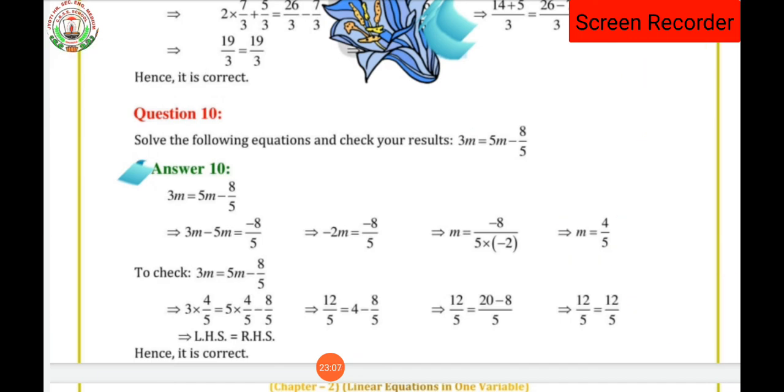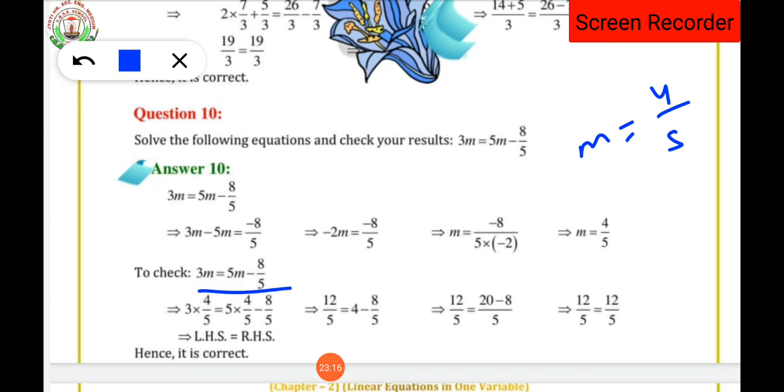Clear? Now after getting the required answer as m is equals to 4 upon 5, we have to substitute it in the equation. Here is the equation. So substituting the value in the equation, we will get 3 into 4 upon 5 is equals to 5 into 4 upon 5 minus 8 by 5. Clear? So 5 will get cancelled here.